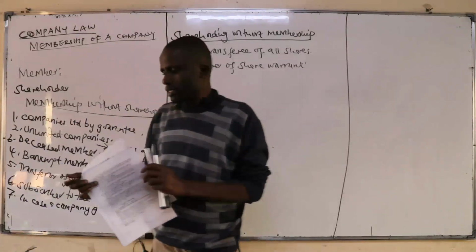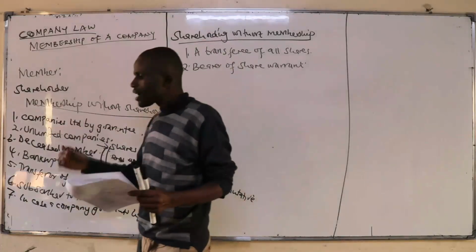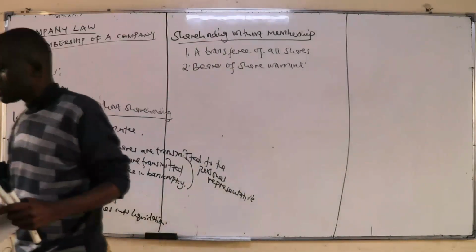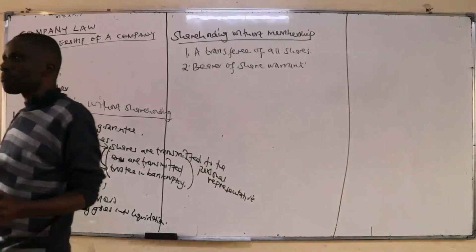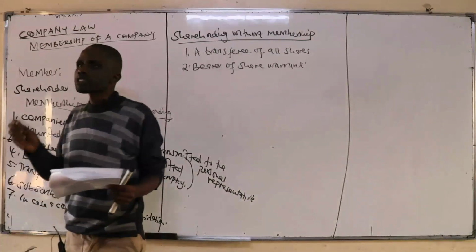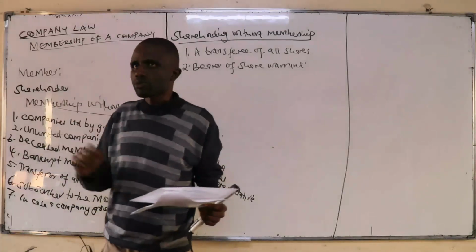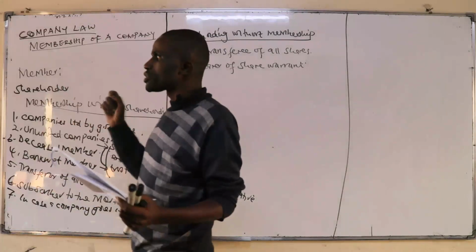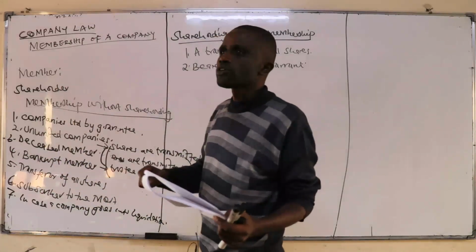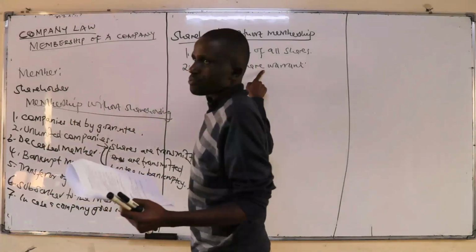A share warrant: if you have shares that are fully paid in a company, you can use those shares as a collateral. In the event that you want to use the shares as a collateral, you are issued with a share warrant.